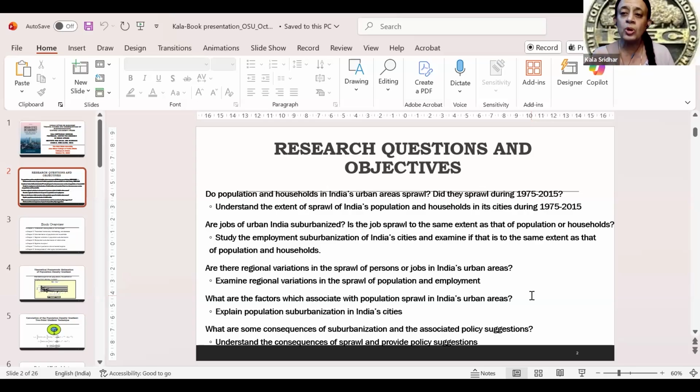Did they sprawl during 1975 to 2015? The second research question is whether or not jobs in urban India are suburbanized, and whether job suburbanization is the same as that of population or households. Are there regional variations in the population or employment suburbanization of India's cities? What are the factors associated with population suburbanization in India's cities? And what are some consequences of suburbanization?